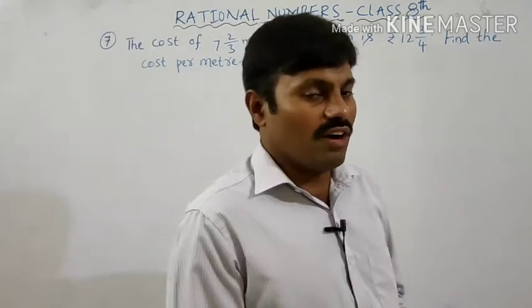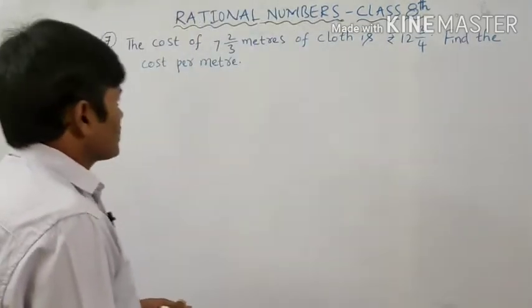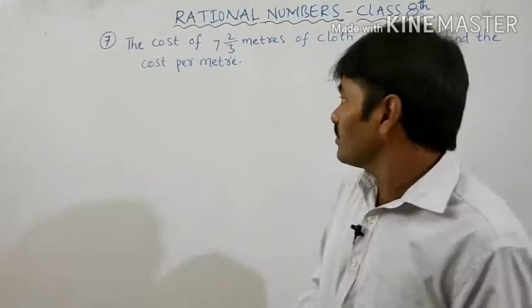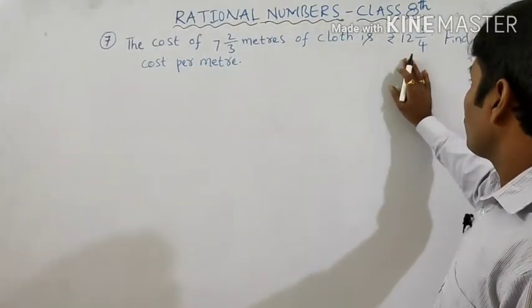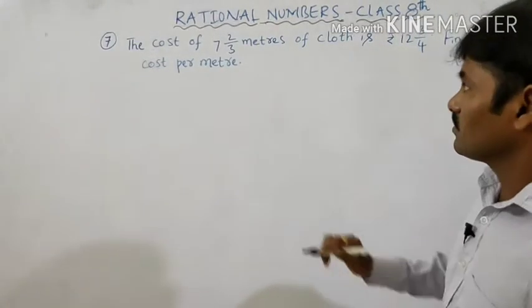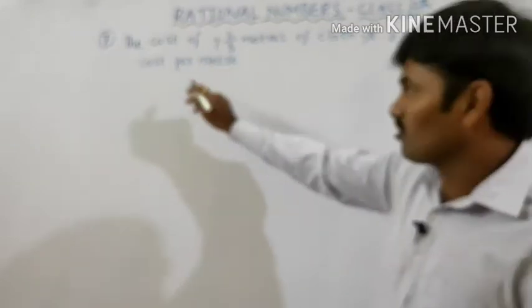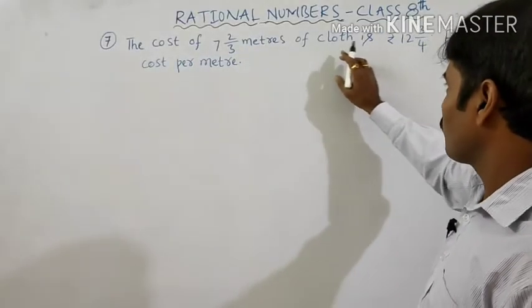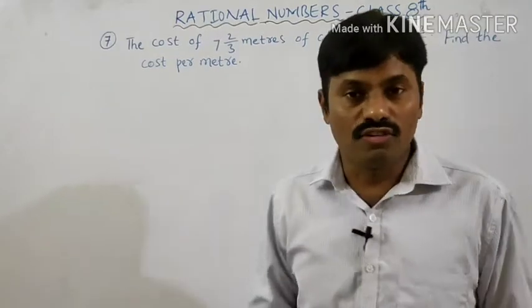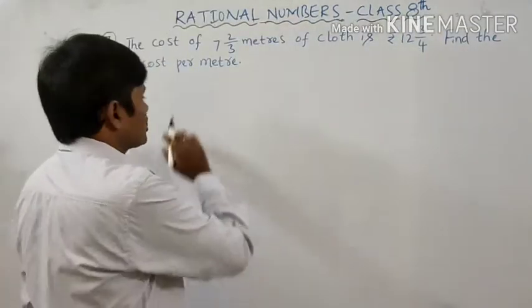Now the question is: the cost of 7 2/3 meters of cloth is 12 3/4 rupees. Then they ask us to find the cost per meter.